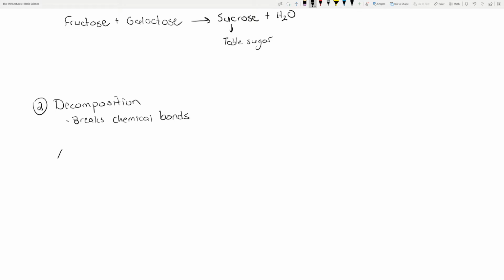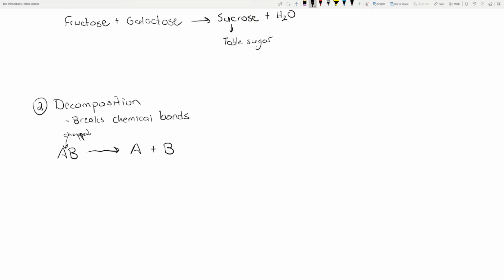So if I have generic product AB, and I do some chemical energy work on it, what I'm going to get is resultant A and B. So what I've done is I've chopped that bond holding A and B together, and now they exist separately as A and B.